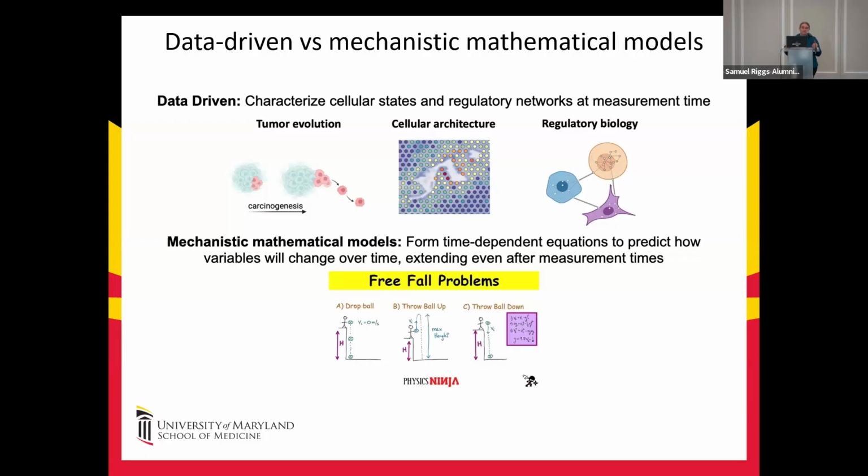In contrast, there's a whole other field of computational biology of mechanistic mathematical models, which say, if I know what cells or molecules do, can I build up a system of equations from first principles and use those to probe the system?